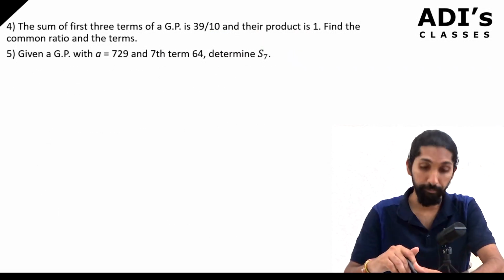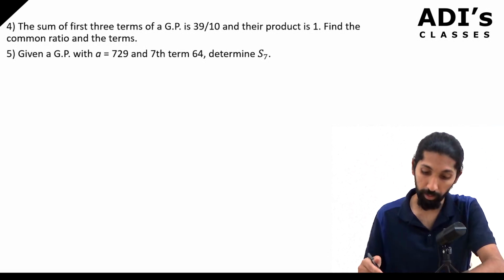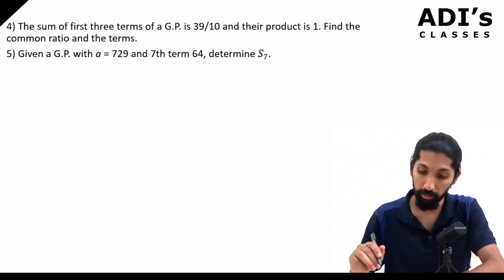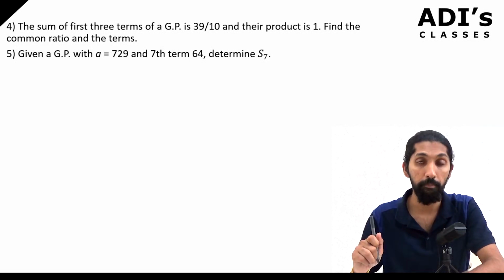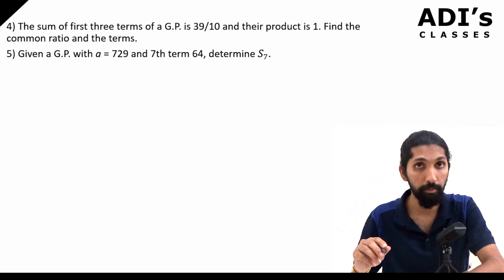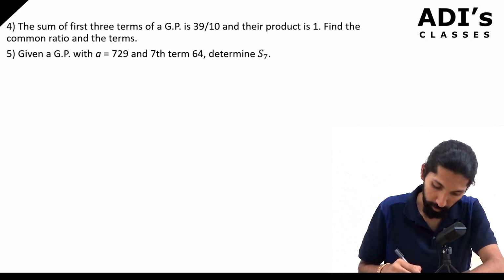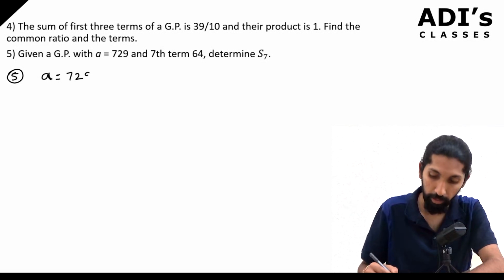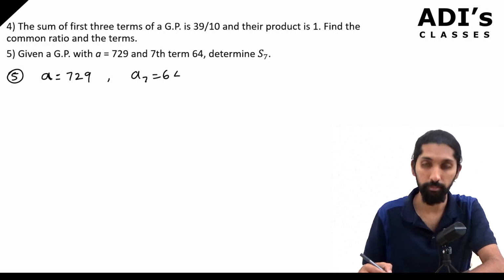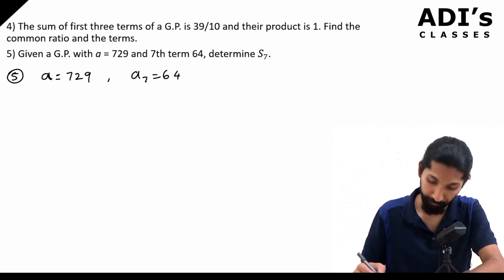Look at the fifth one. Given a GP with A as 729, the seventh term is 64. Determine S7, the summation of the 7 terms. So in this one, A is equal to 729 and A7 is equal to 64. Correct?